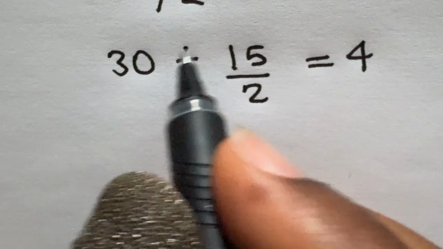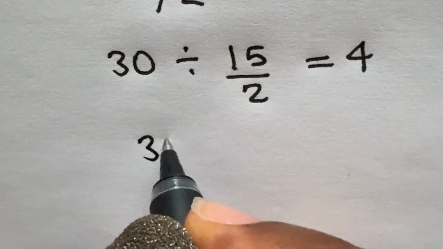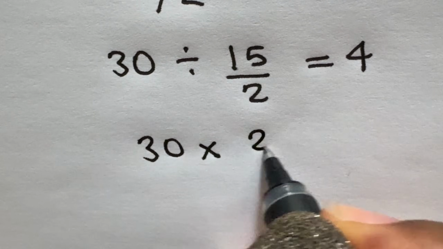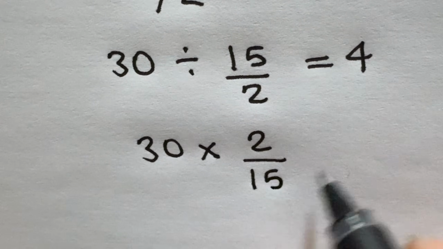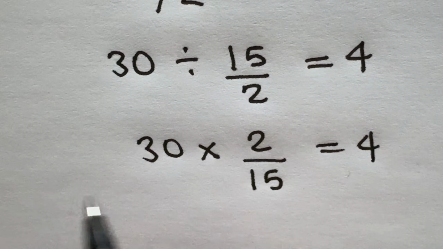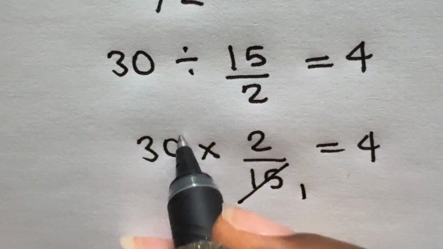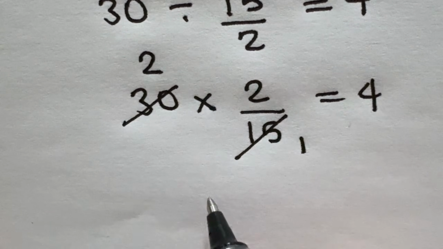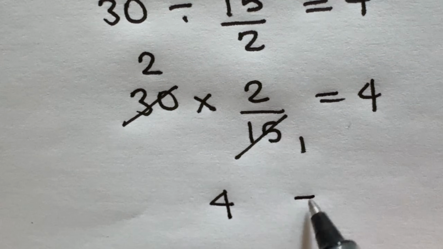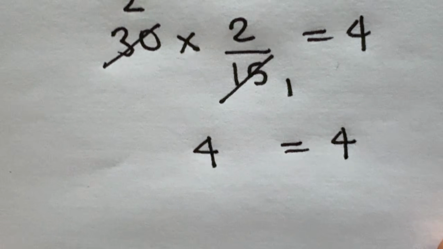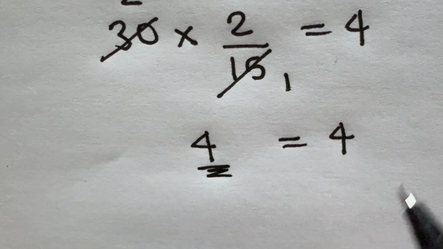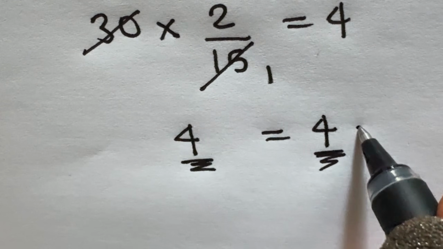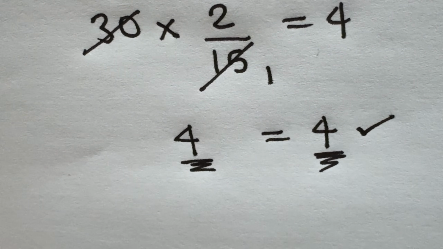Then to change this division sign to multiplication, you say times and then the reciprocal of this fraction, which is 2 over 15, to give us 4. 15 here is 1, 15 in 30 is 2. Then you have 2 times 2, 2 times 2 is 4, to give us 4. And as you can see, the left-hand side gives us the right-hand side. And that confirms that the solution we got for x is perfectly correct.